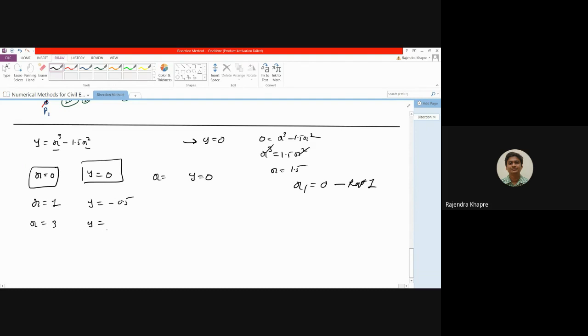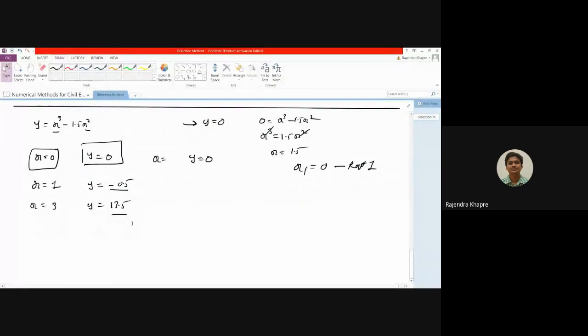Three cubed is 27, minus 1.5 times 9, that is 13.5. So you can see this is negative and this is positive.